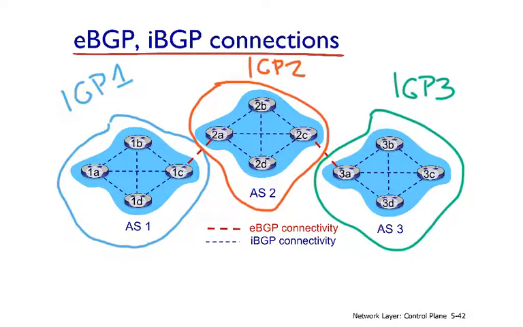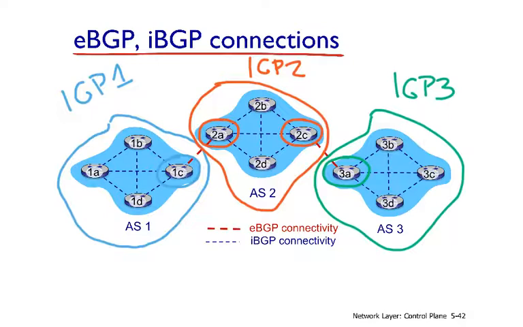And we have border nodes: 1C for AS1, AS2 has two border nodes, 2A to connect to AS1 and 2C to connect to AS3, and finally AS3 must have a gateway router to be able to exit to the internet.